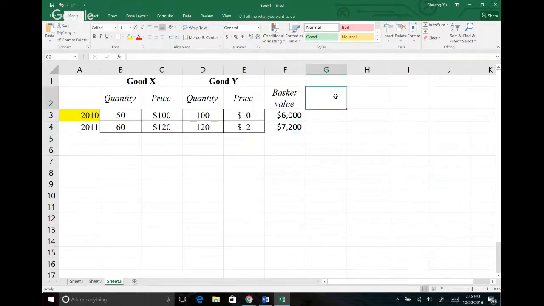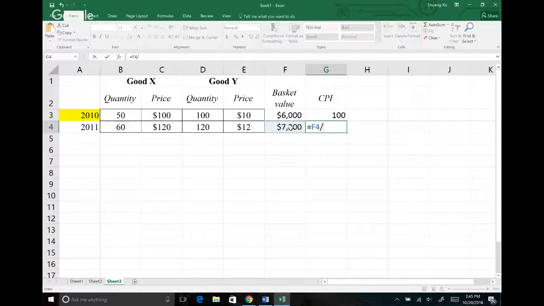And next one is CPI. 6,000 divided by 6,000 times 100. And then 7,200 divided by 6,000, our base year. And 100.